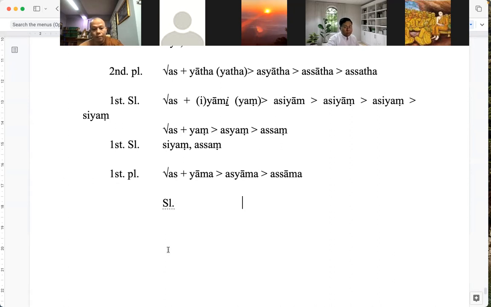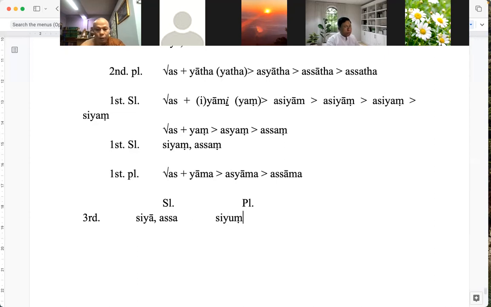So now together: singular form, plural form. The third person singular is siya, another form is asa for plural. So siya, and the asu. And the second person singular is also the same as third person singular, siya, asa.